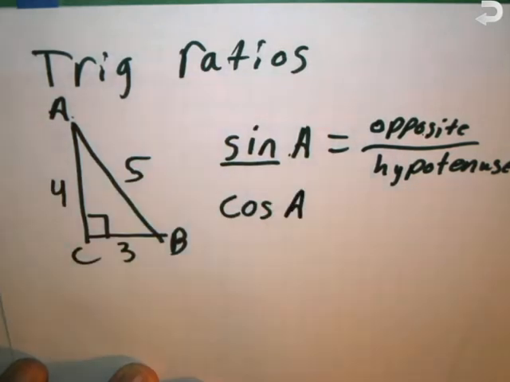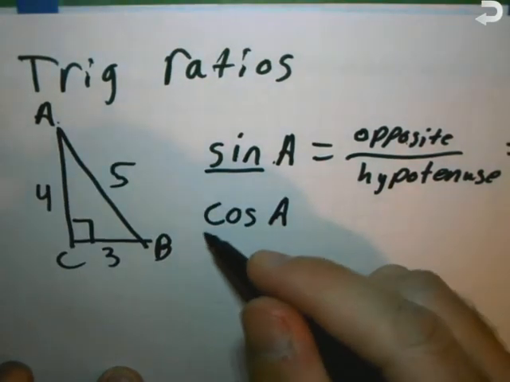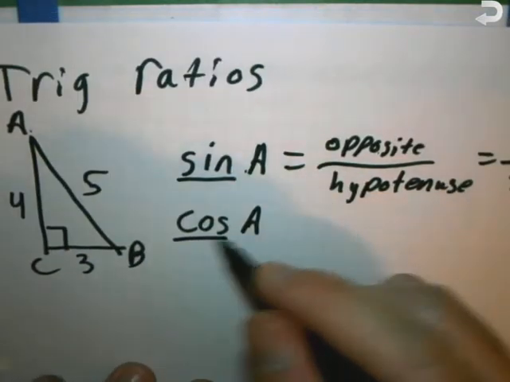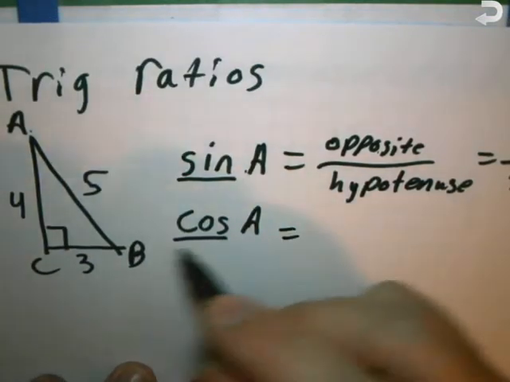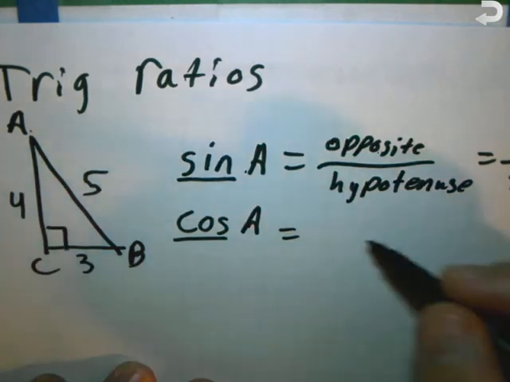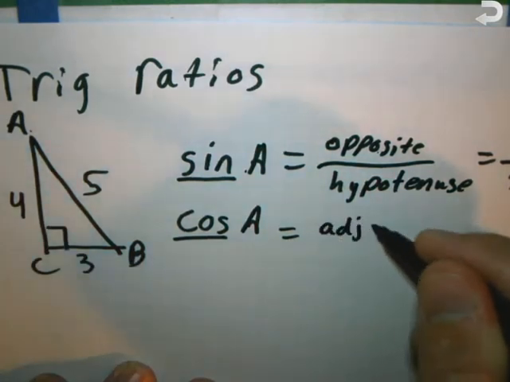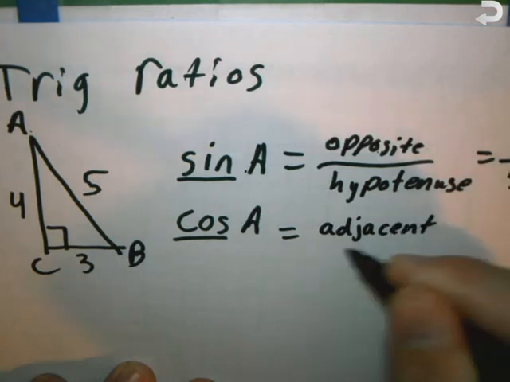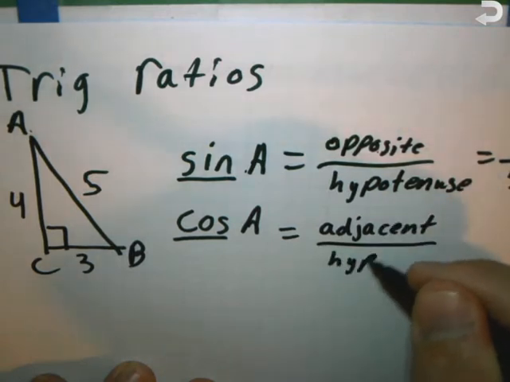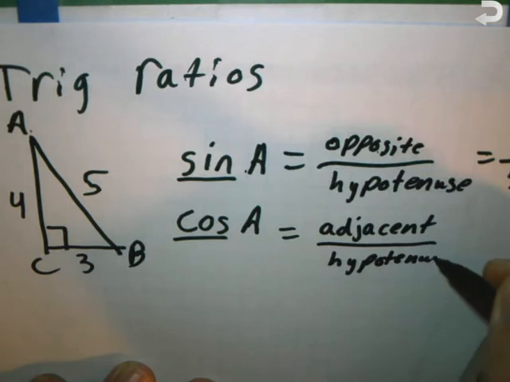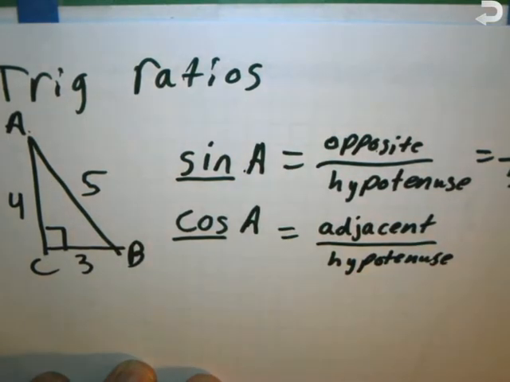Now, let's find cosine of A. Well, cosine of A, or cosine in general, is adjacent over hypotenuse.